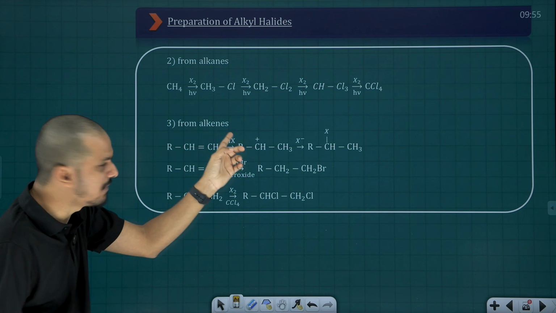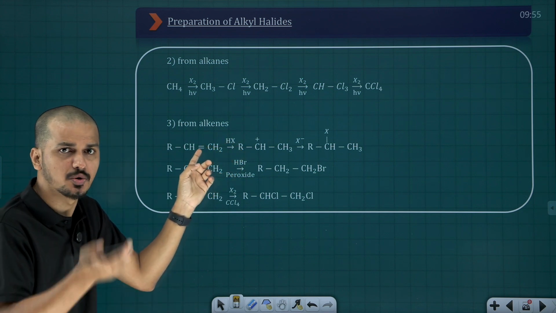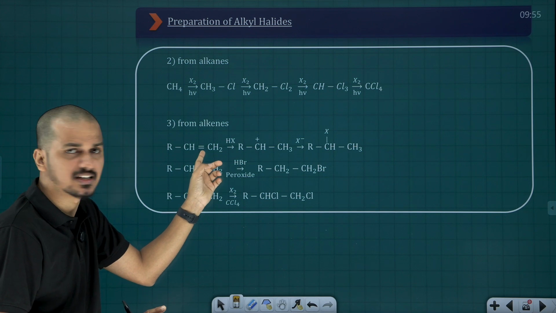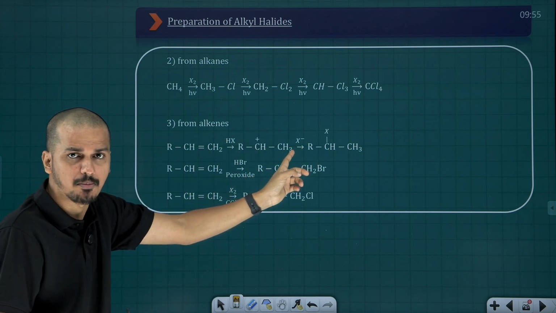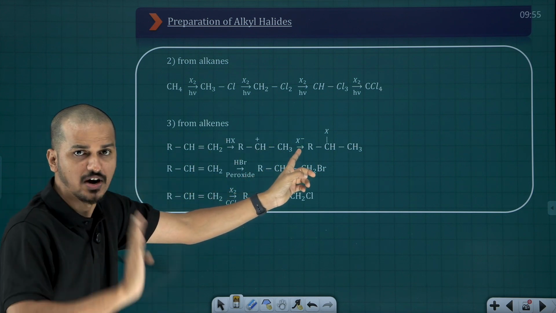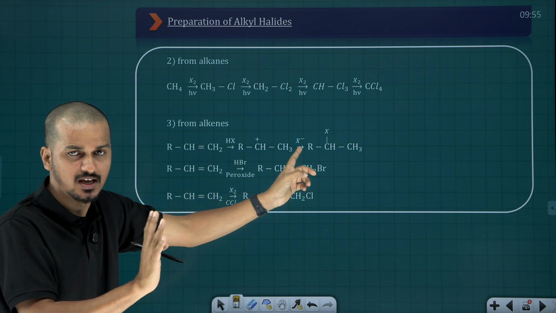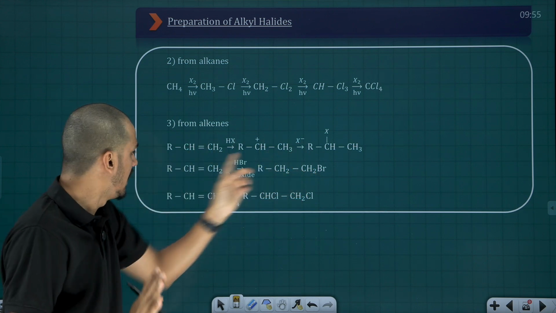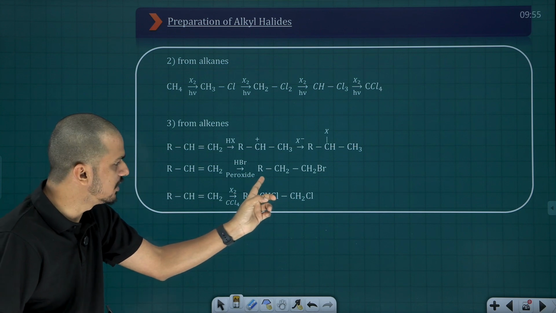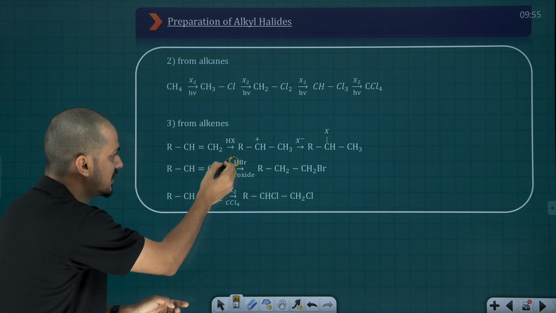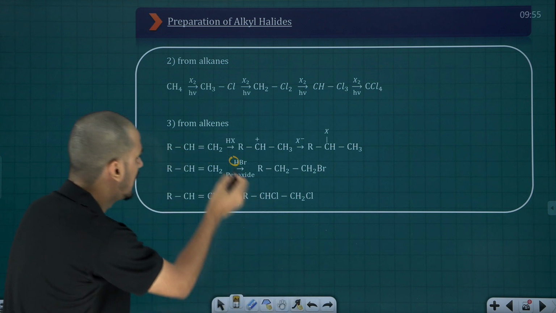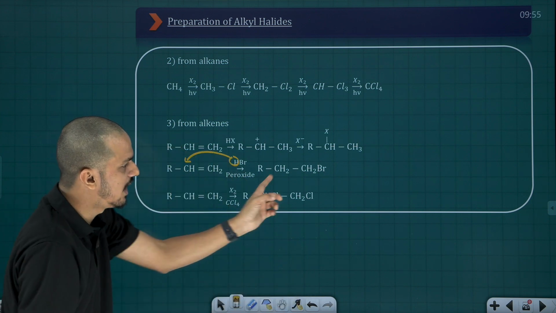Next, from alkenes. Alkenes you can treat with hydrogen halides. If you are treating with hydrogen halides, that goes through the carbocation mechanism, Markovnikov addition. That means the rich become richer. Hydrogen will go and attach to the carbon with more hydrogens. And if you are treating with peroxide, you can see that hydrogen goes to the carbon with fewer hydrogens, CH2, CH2Br.